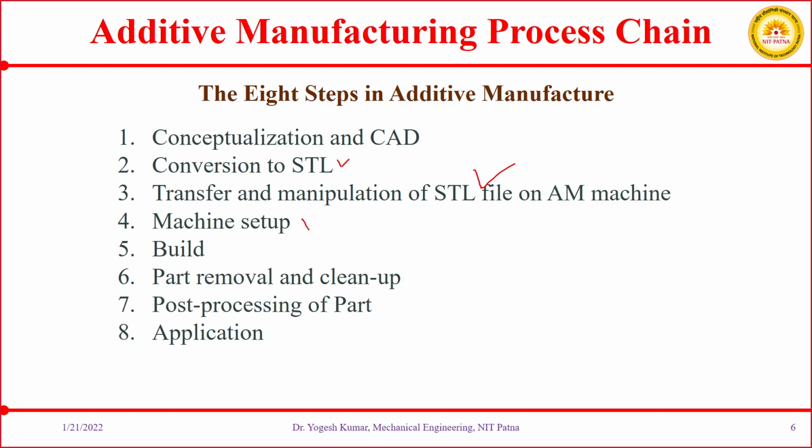Then you set the machine related parameters, and in step 5 you click the build or print button, whatever is available on your printer. Then you remove the fabricated part, followed by post processing and the application of the component.